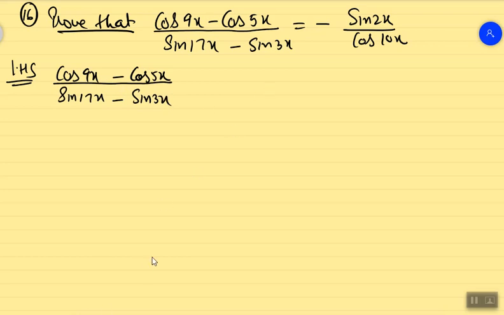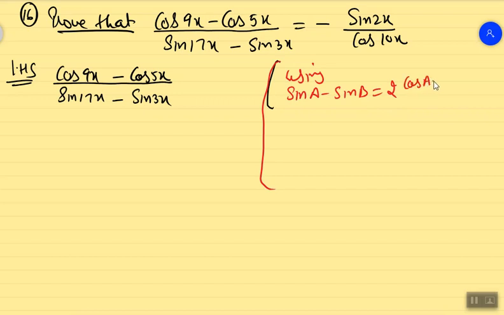So I will use the formula for sin A minus sin B, 2 cos (A plus B) by 2 sin (A minus B) by 2, and for cos A minus cos B.